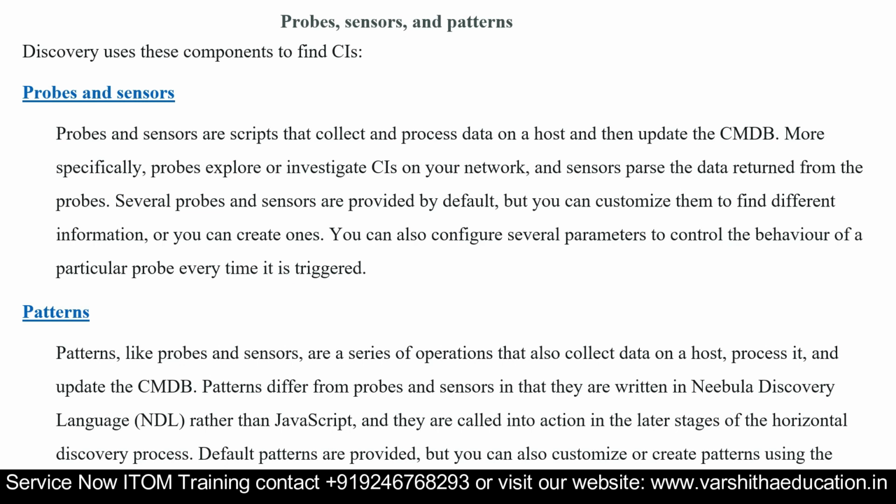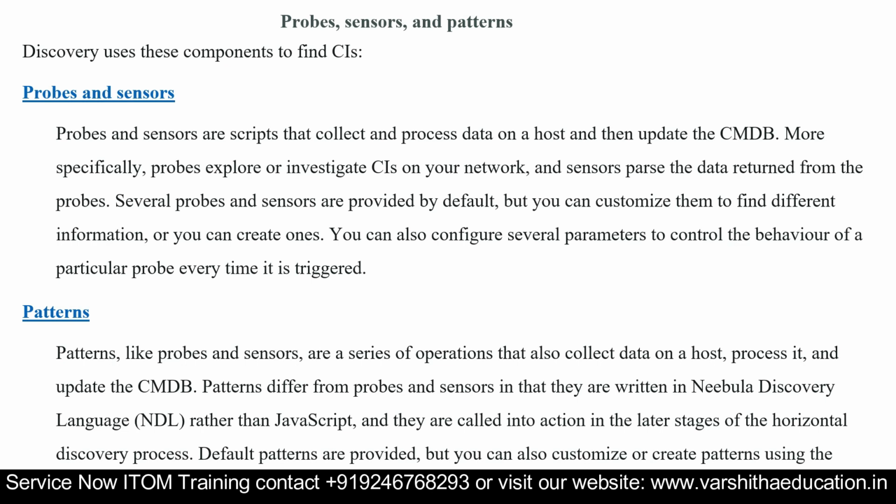And sensors process the data returned from the probes. For example, if one CI is identified with a probe, then the sensor can transfer the data from the probe, make it into a CMDB CI, and pass the data.